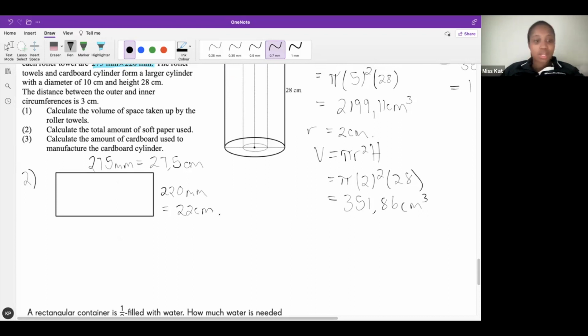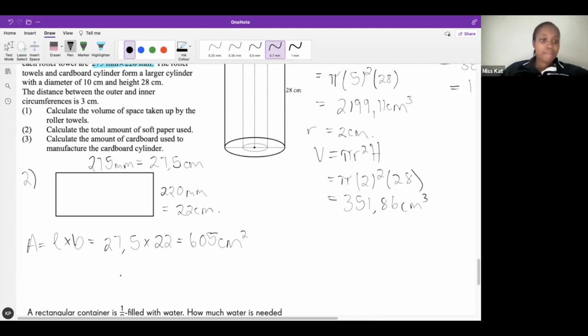Nice. Okay, area of this one tissue paper is? 605 centimeters squared. Okay, let me do this, 27.5 times 22. So it's 605. Is that what you said? Yes, ma'am. Centimeters squared.